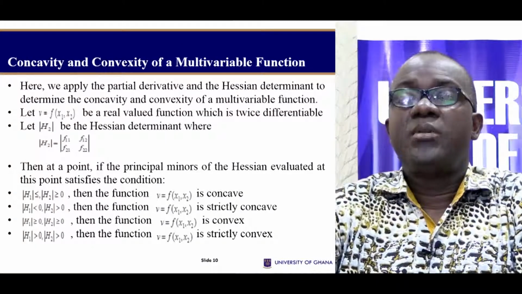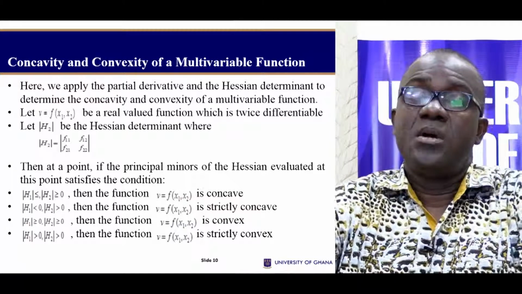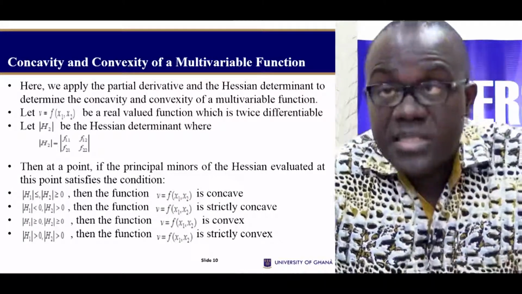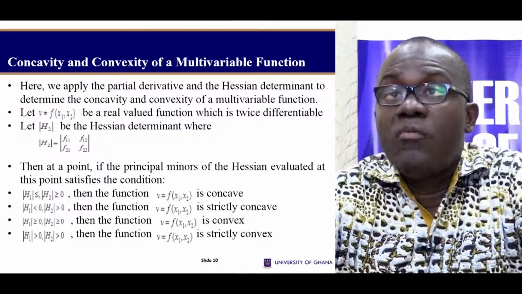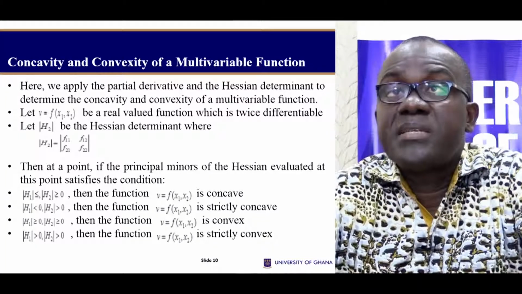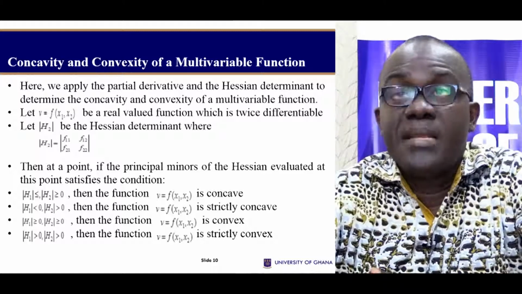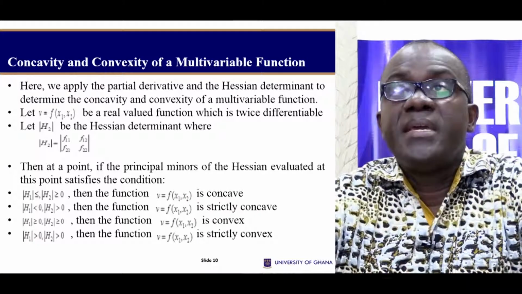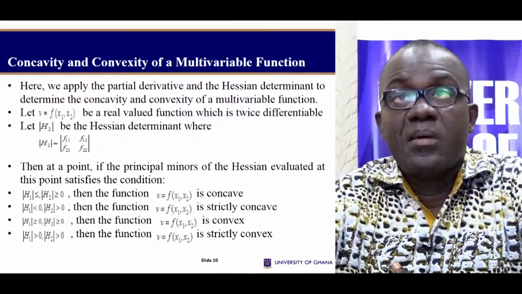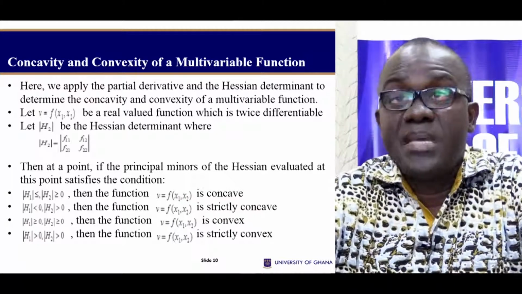Now, notice that we've been talking about multivariable functions. And if you want to investigate the concavity or convexity of multivariable functions, then we have to move a little further. And here, we use what we call the Hessian determinant, okay? The Hessian determinant.